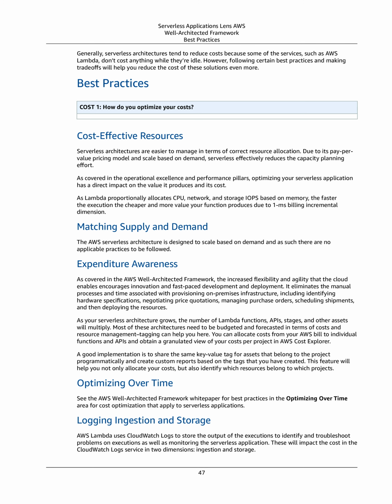Optimizing over time. See the AWS Well-Architected Framework white paper for best practices in the Optimizing Over Time area for cost optimization that apply to serverless applications. Logging, ingestion and storage. AWS Lambda uses CloudWatch logs to store the output of the executions to identify and troubleshoot problems on executions, as well as monitoring the serverless application. These will impact the cost in the CloudWatch logs service in 2 dimensions: ingestion and storage.